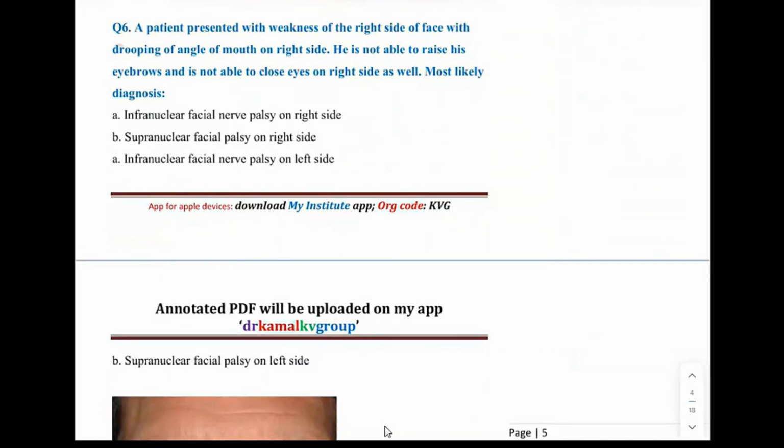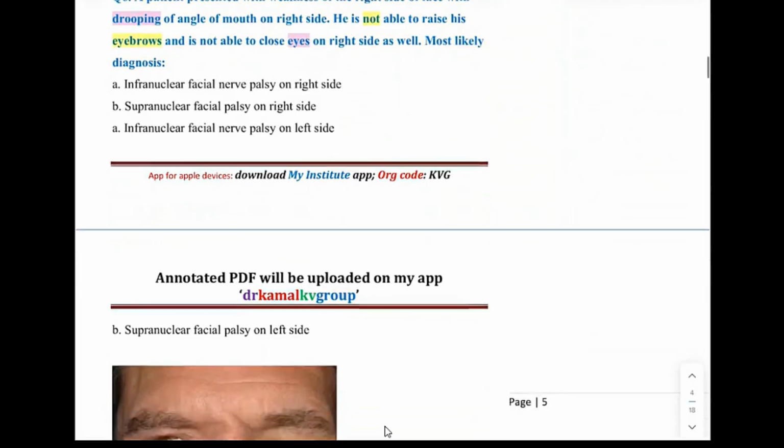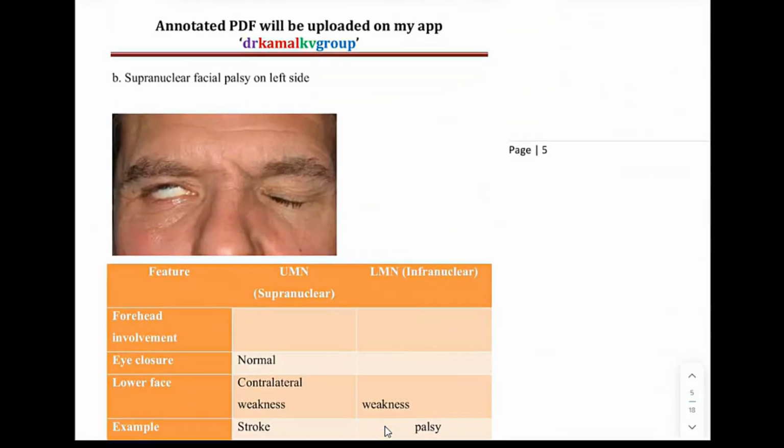There is drooping of the angle of the mouth on the right side. He is not able to raise the eyebrows on the right side, and also he is not able to close the eyes on the right side. Now, what is the diagnosis? Here we can see the classical case. If we tell the patient to close the eyes, on this side the eyes are closed, but here they are still open, right?